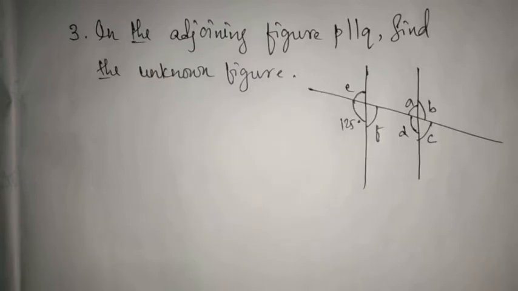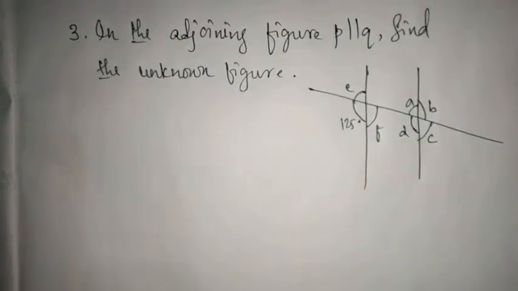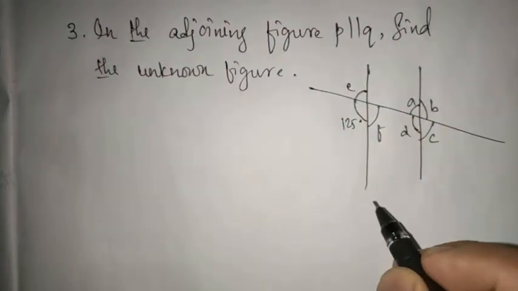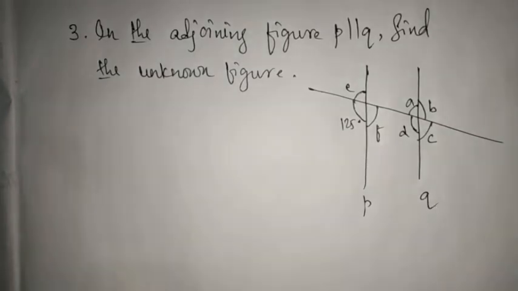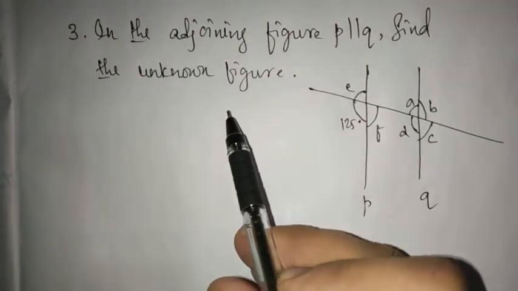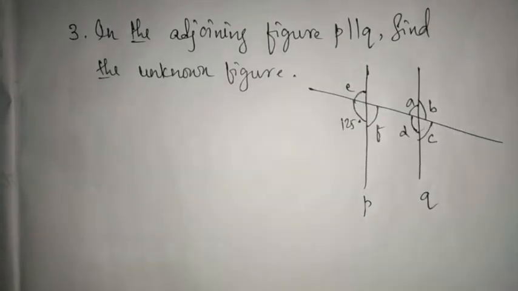In the adjoining figure, a figure is given. P is parallel to Q. Let us consider this as P and this as Q. Find the unknown figure, meaning the unknown value, whatever is there, you have to find that.